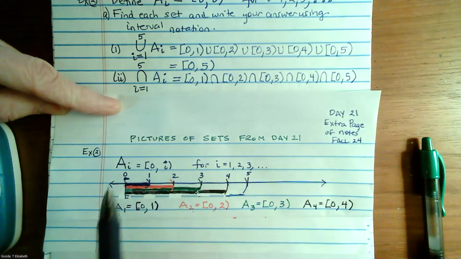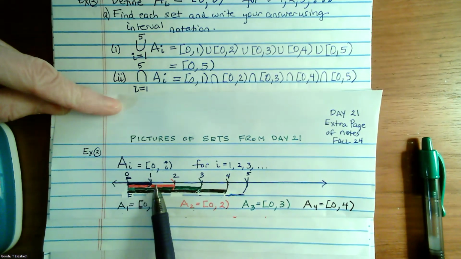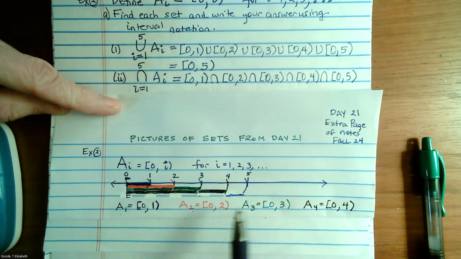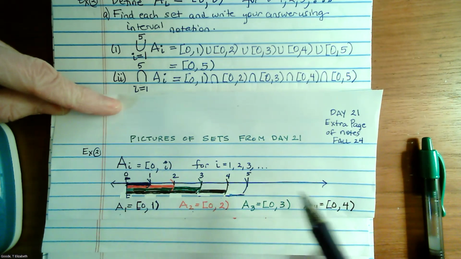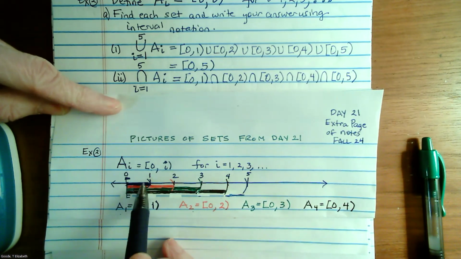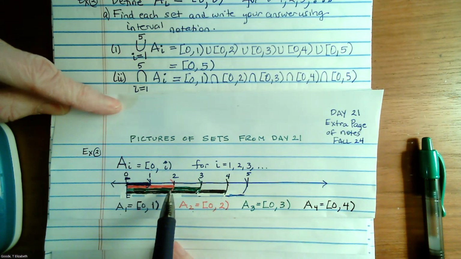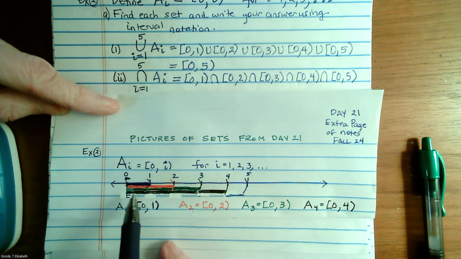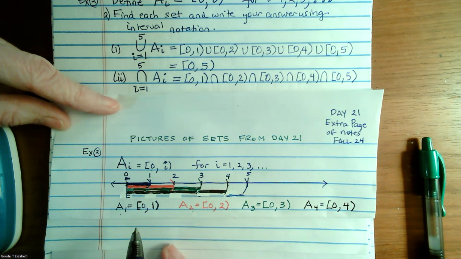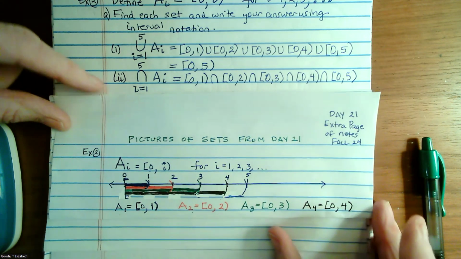So which elements appear in all of these sets? These are nested sets, actually. They have kind of an interesting property where each set is contained in the next one. A sub k is a subset of A sub k plus 1. So that makes it kind of interesting.